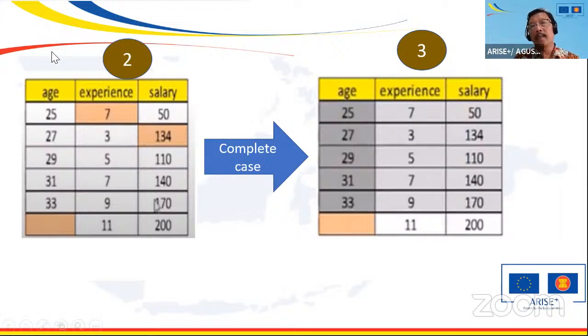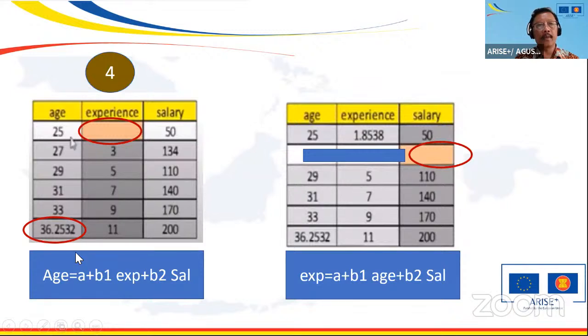We do this column by column, variable by variable. We drop this value again and use these two variables to estimate the regression, of course a three-variable regression. Age is a function of experience and salary. Then we can predict the age: if the experience is this much and salary this much, the age is here.